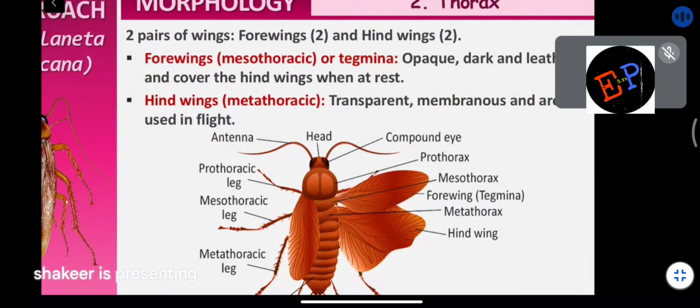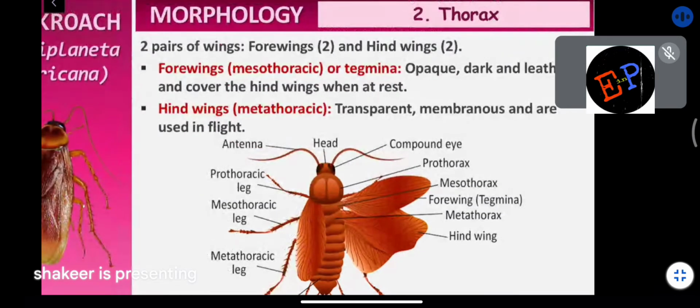Then to the thorax itself, 2 pairs of wings are present. What do 2 pairs of wings mean? Totally 4 wings are present. A pair means 2 wings, so 2 pairs means 2 twos are 4 wings. The first pair is called forewings, and the second is called hind wings.